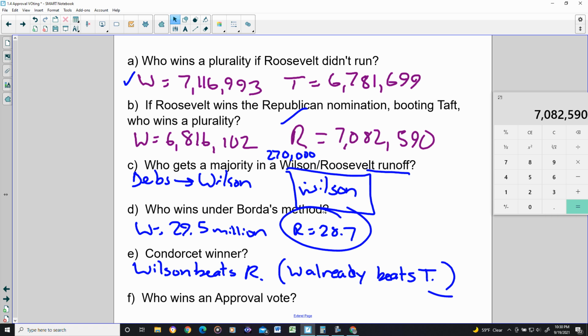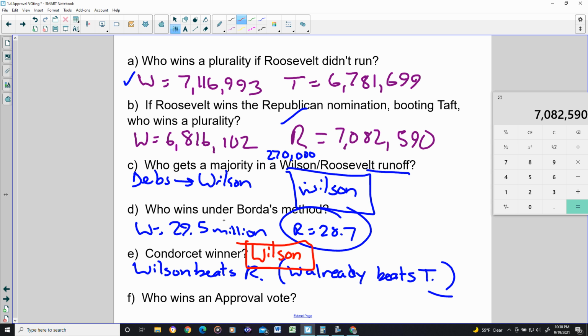Therefore, the Condorcet winner, you can kind of follow my logic here, is going to be Wilson. He's going to beat in a head-to-head match both Roosevelt and Taft. Taft easily, Roosevelt barely. Okay, who wins an approval vote?